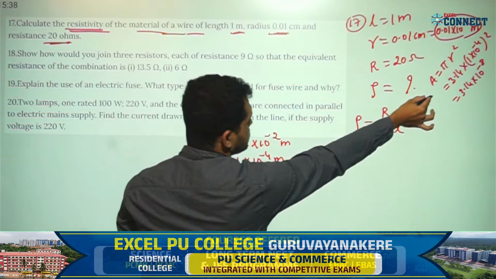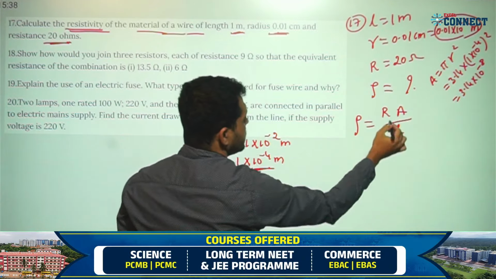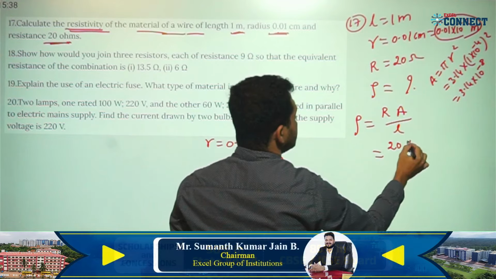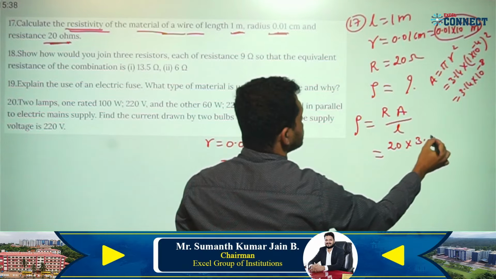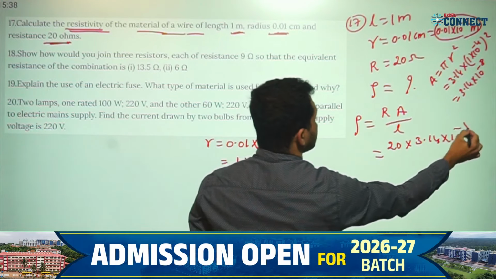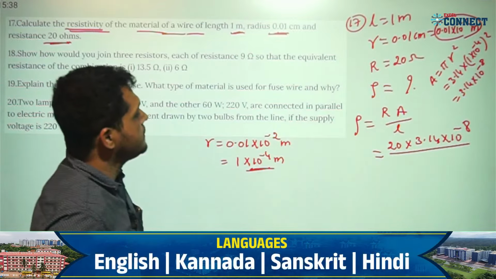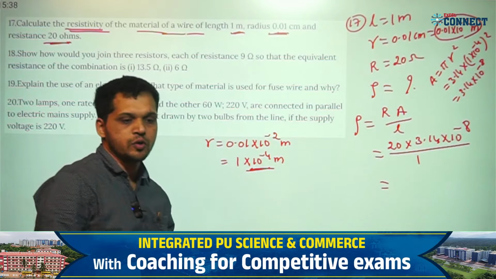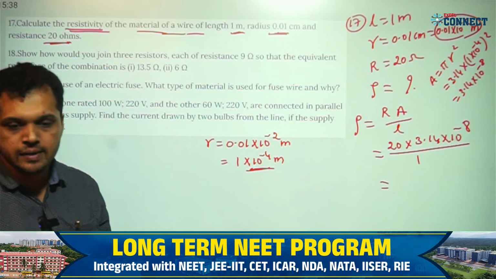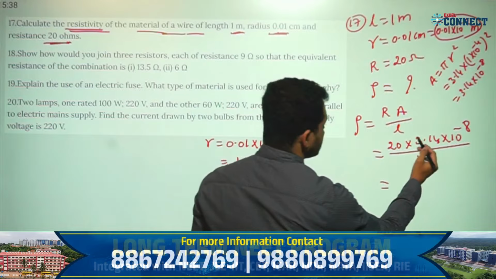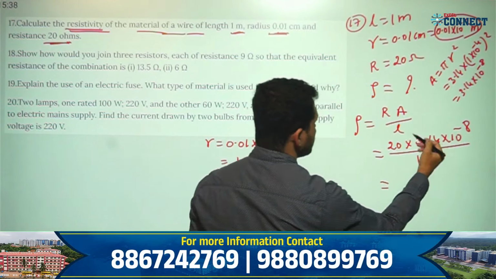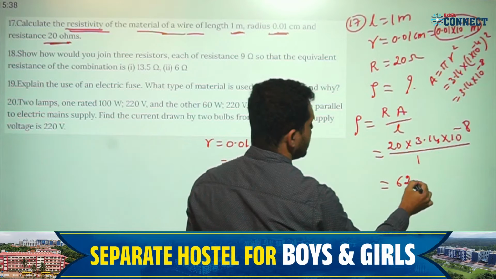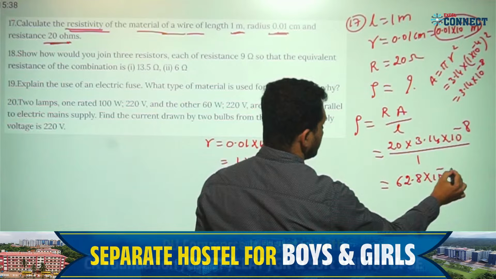You substitute that value of area here. Resistance is 20, area already calculated 3.14 into 10 power minus 8, length is 1 meter. So 20 into 3.14, 20 into 3 is 60, and you multiply, that is 62.8 we get. Correct? 62.8 into 10 power minus 8.